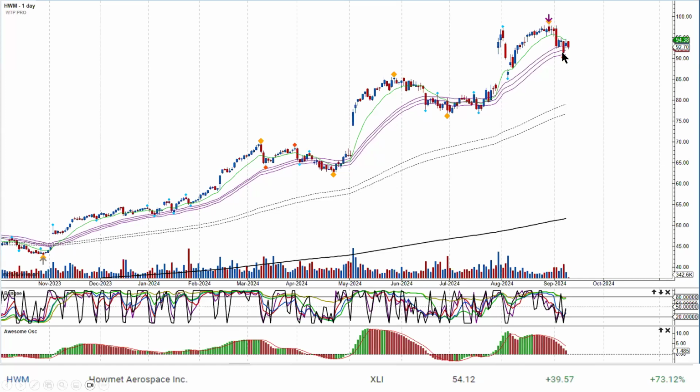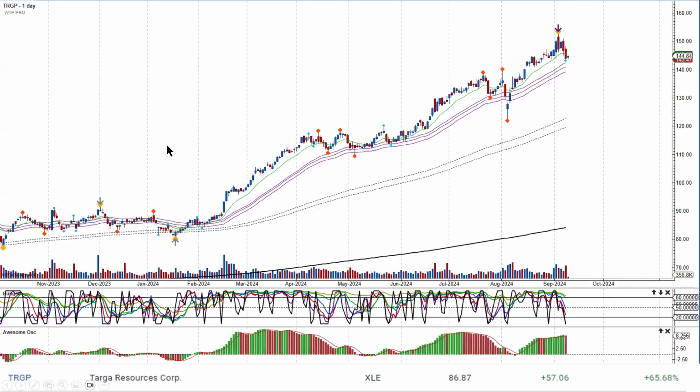So now we're at a crossroads. What are we going to do here? Are we going to continue to move up? Are we going to consolidate sideways? Or are we going to break down and have a major correction? It's difficult to say. I can tell you that we do have some divergence in the awesome oscillator between this peak and this peak, but we really don't know, do we? We just don't know. This is a very, very strong stock.